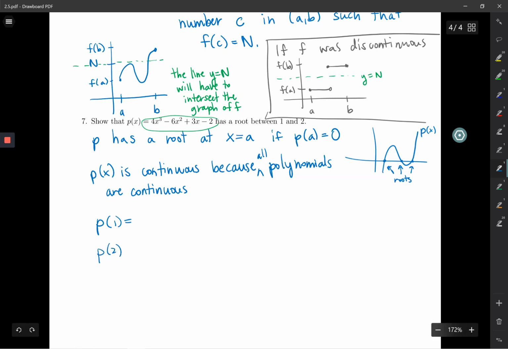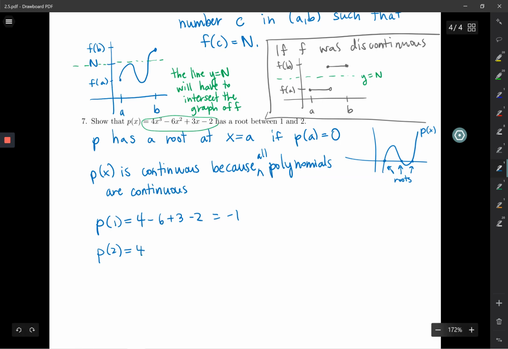So all we need to do is check that that's the case. So plug in 1, we get 4 minus 6 plus 3 minus 2. So that is... wait, is it minus 1? Yeah, it's minus 1. Okay, and then we plug in 2.